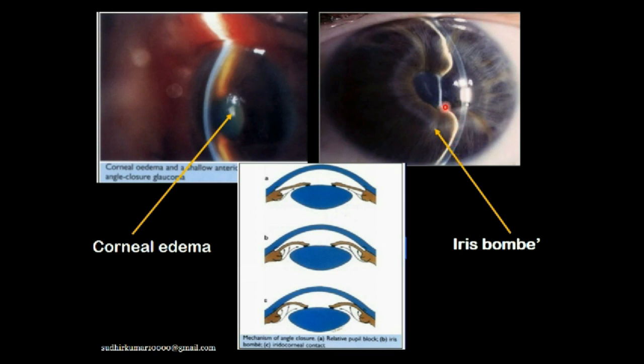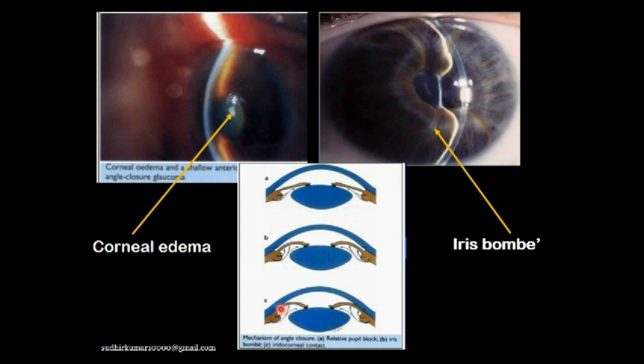This is because, due to uveitis, the pupillary margin got stuck with the anterior surface of the lens. So the aqueous from the ciliary body and posterior chamber could not reach into the anterior chamber. So due to this, the iris is bowing anteriorly, and this further causes obstruction to the angle.